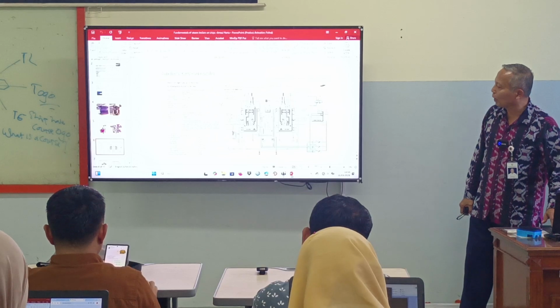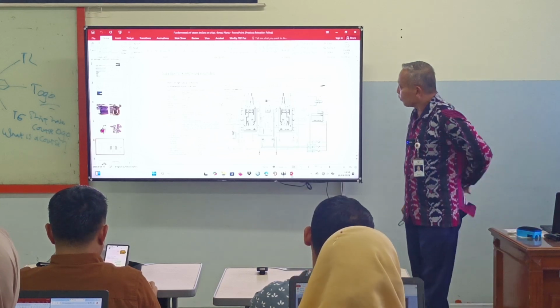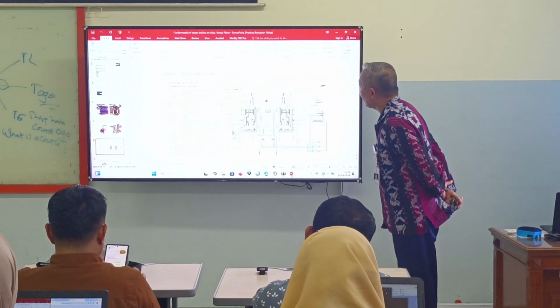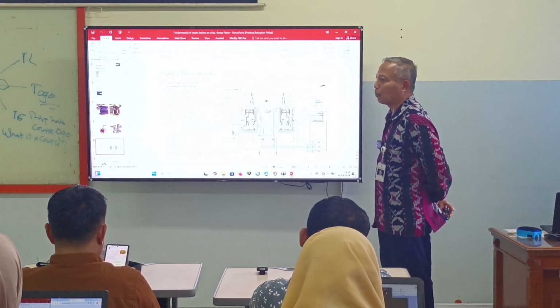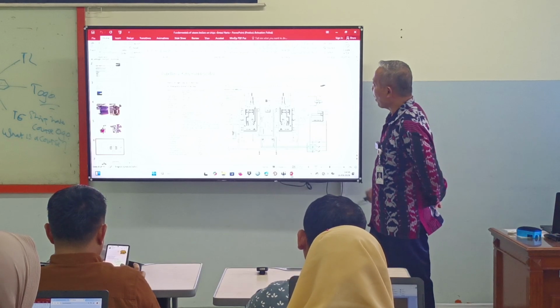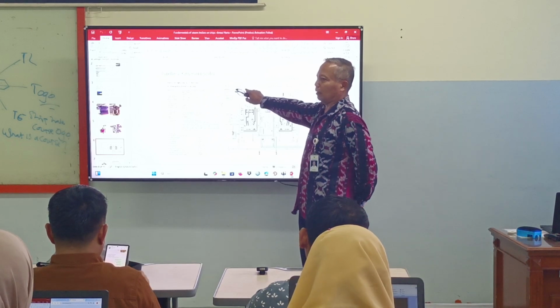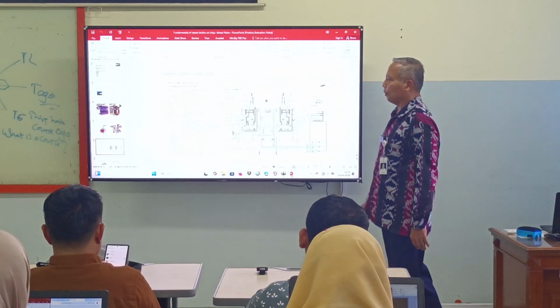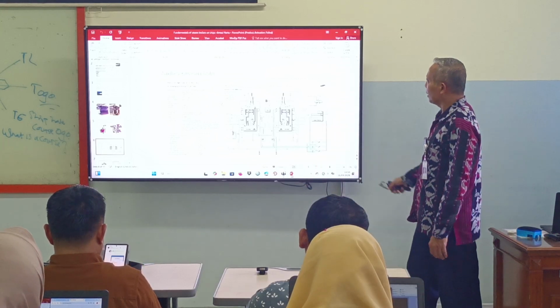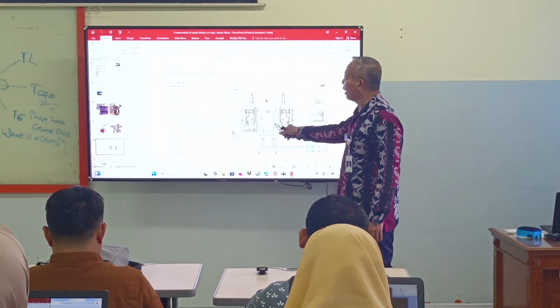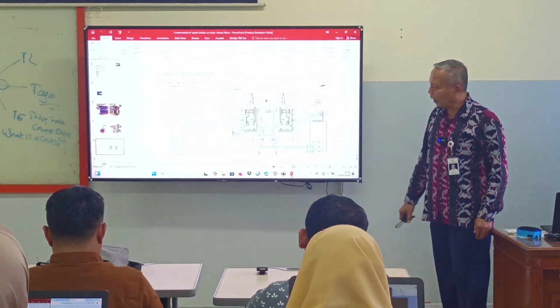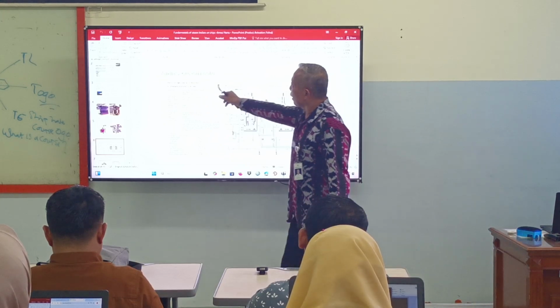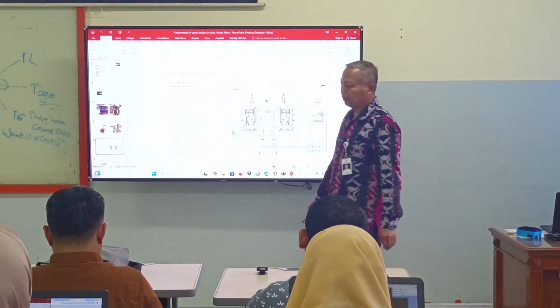This is the auxiliary boiler in the engine hull. This is the second auxiliary boiler, and right now this is the particular of the ship.